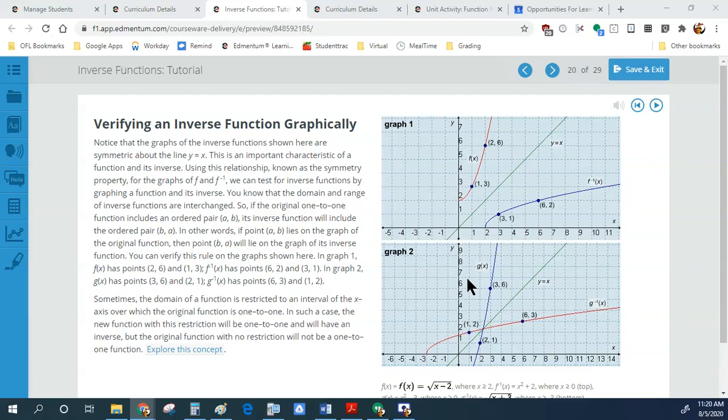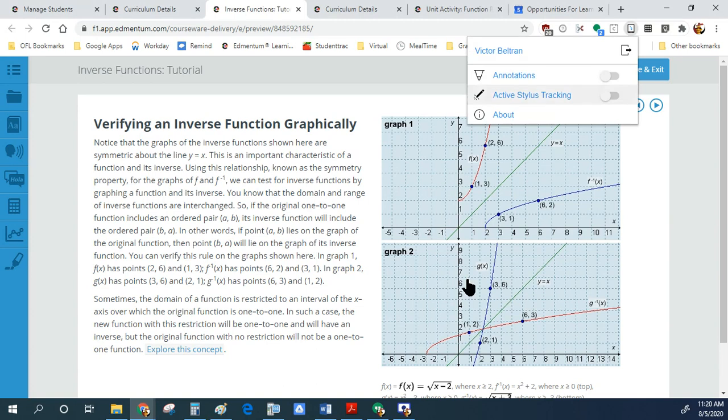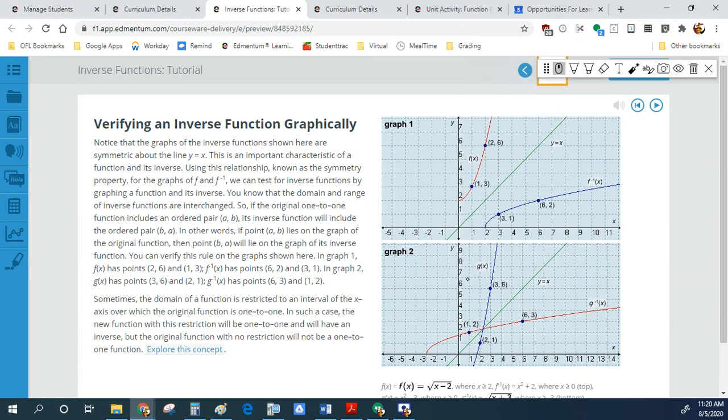Okay, so when it talks about verifying inverses, I talked about this earlier in the lesson. It's this idea of your x's and y's switching. If we drew this line right here, this x equals y line, what happens is if a point in your graph is 2 comma 6, your corresponding point should be 6 comma 2, because we're flipping this x and y over.